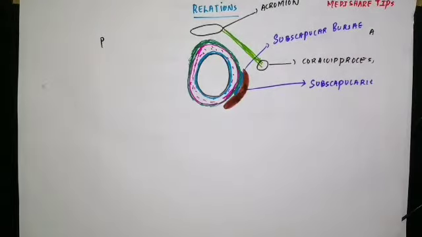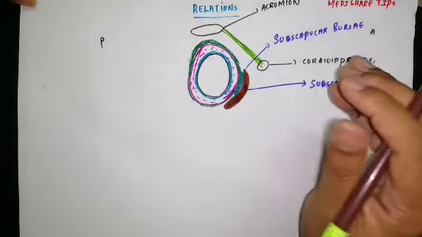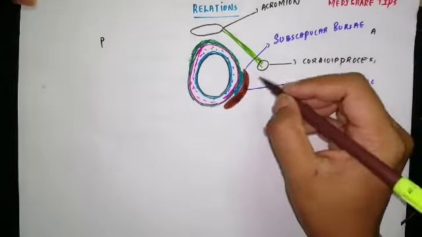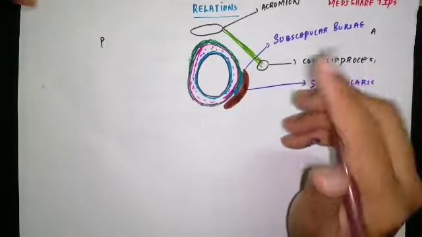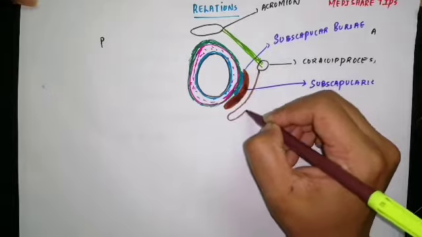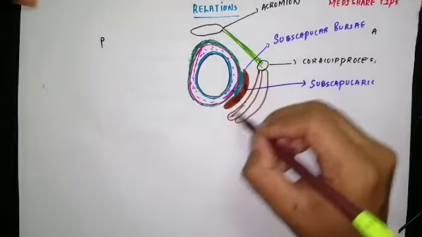And another muscle, there are two muscles arising from the coracoid process which form the anterior relation of the shoulder joint. Which are the two muscles arising from the coracoid process? These are the coracobrachialis and the short head of biceps. So the conjoint tendon of the coracobrachialis and the short head of biceps.